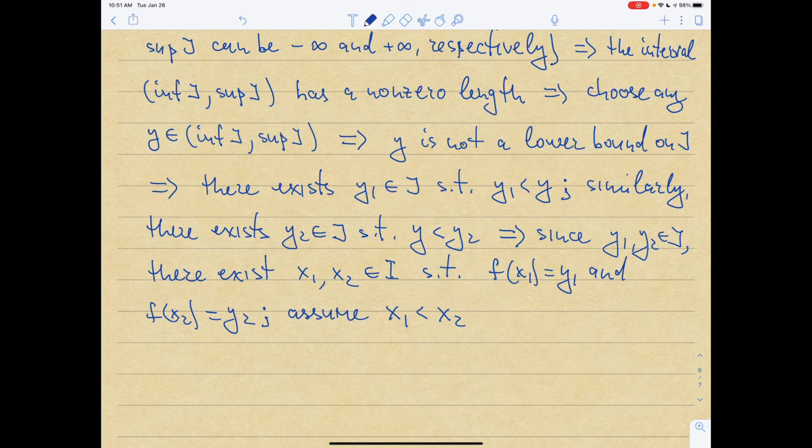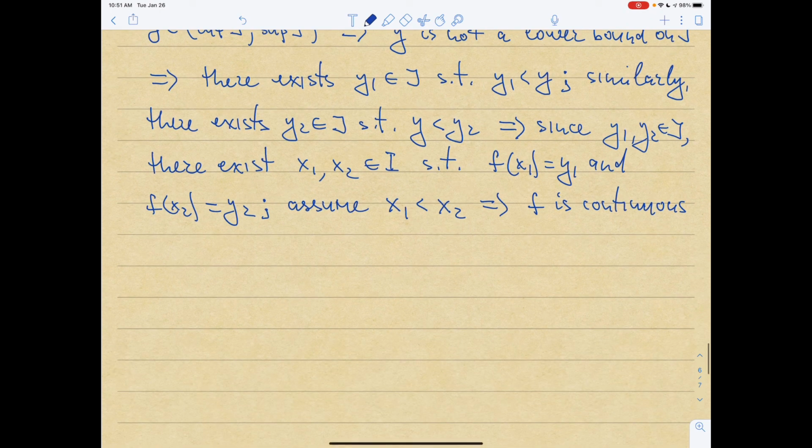Well, x1 and x2 both belong to I. x1 is less than x2, so therefore function f is going to be continuous on the interval x1, x2, because that interval is completely inside I. Well, but now we have a function f which is continuous on x1, x2.